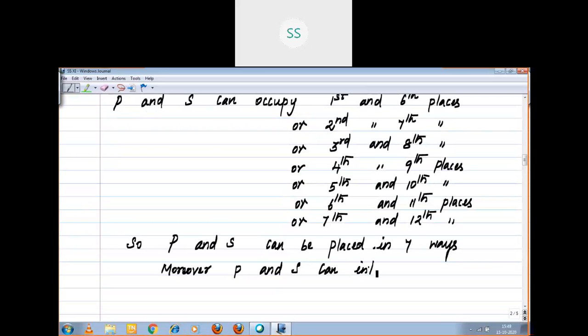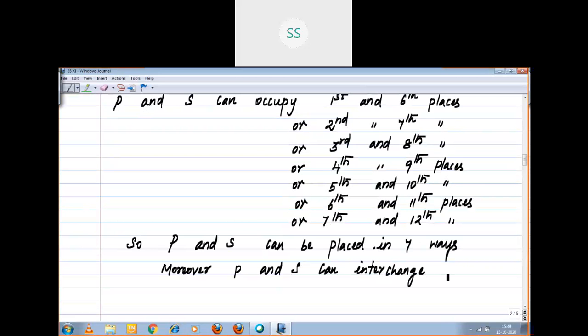Moreover, P and S can interchange. Got it? P and S can interchange. I gave an example. S will come to the first position, P will move to the sixth position. They didn't say P should be the first and S should be the last.